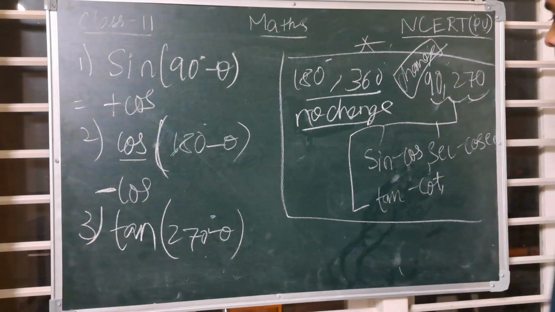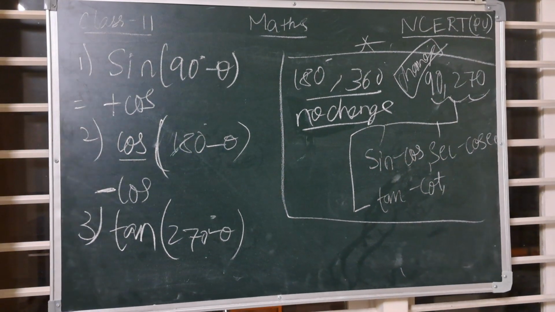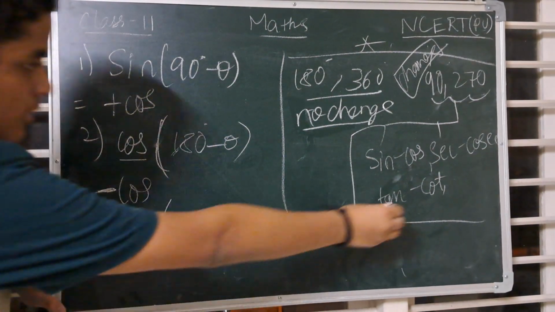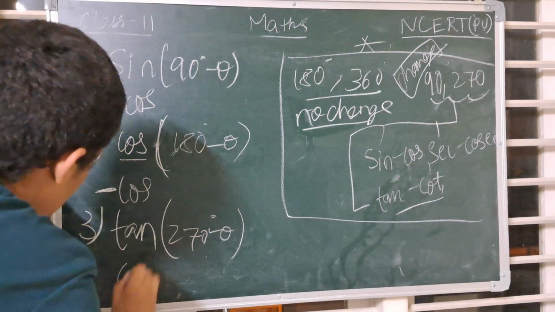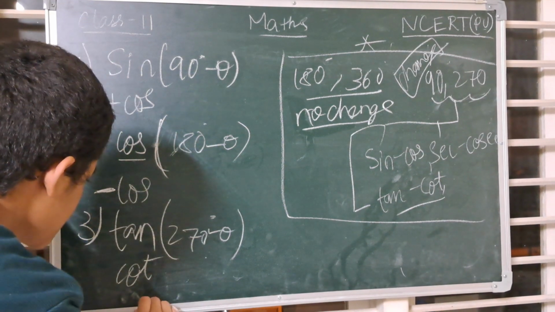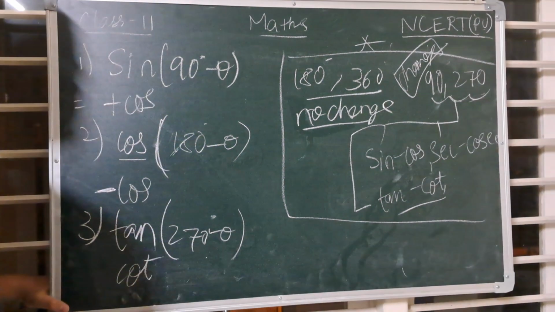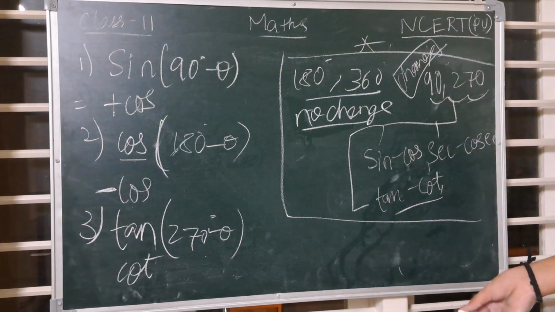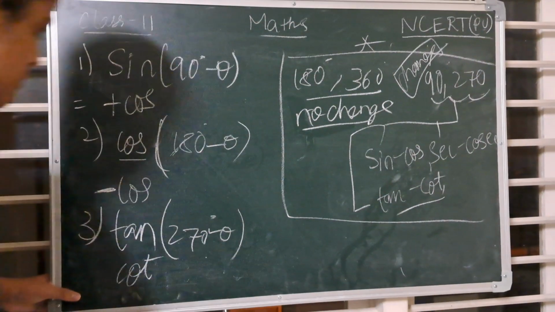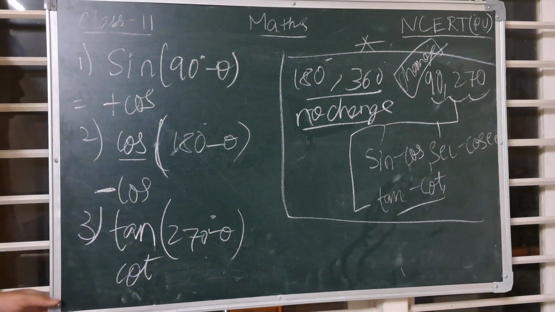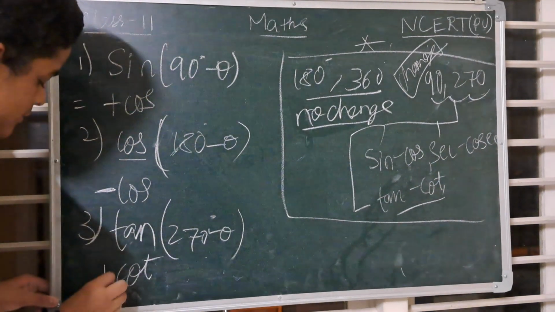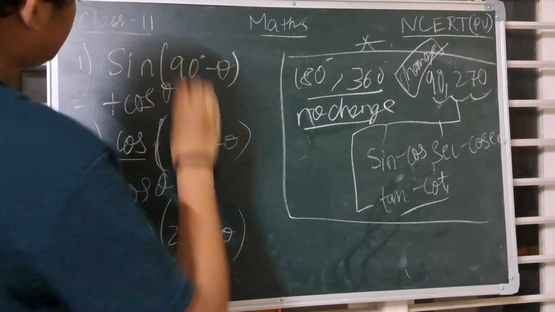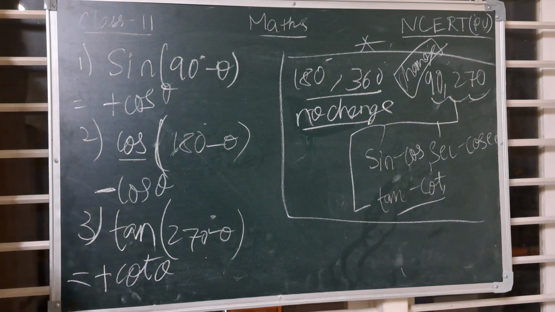Tan changes to cot. 270 minus theta means the third quadrant. In the third quadrant, tan is positive. So we get positive cot theta. So the answer is yes.